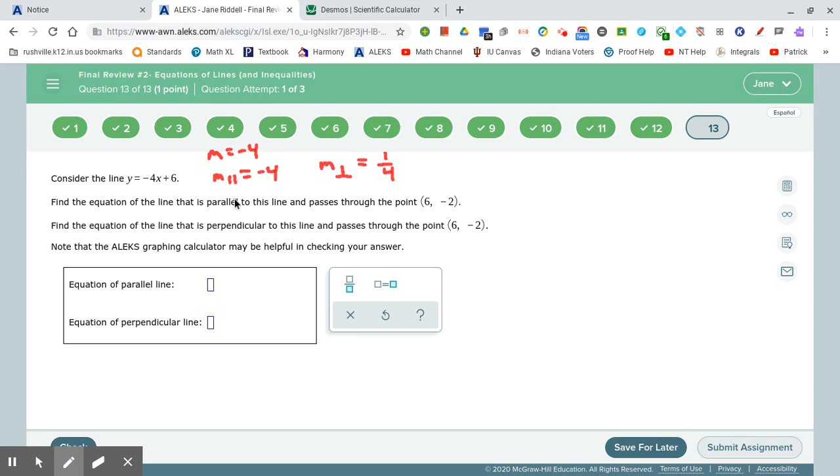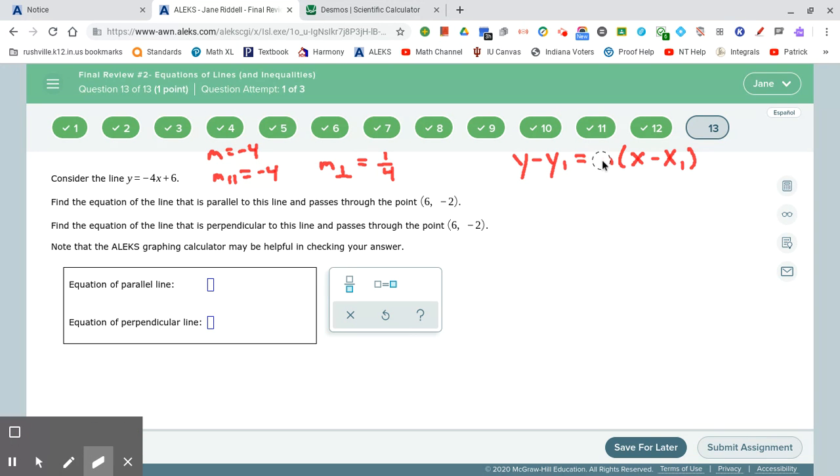Find the equation of the line that is parallel and passes through this point. All right, so this point is just a random point on the line. So I'm going to use the point slope formula: y minus y1 equals m parentheses x minus x1. And now I'm going to erase and replace.